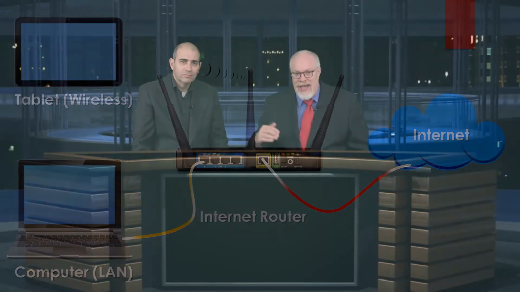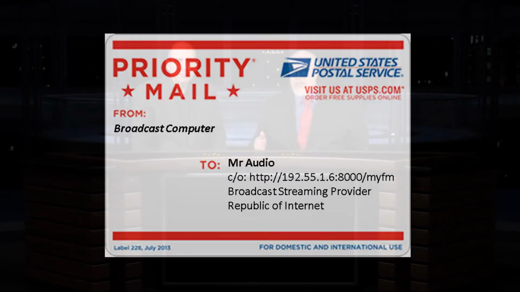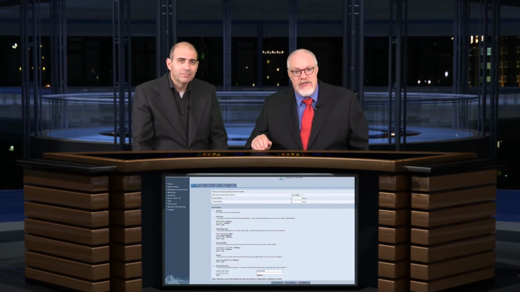Of course, at all times, the audio stream needs to have the highest priority for bandwidth. To do this, you can adjust a setting in your internet router called QoS. QoS? Quality of service. This is done by accessing the web interface of your internet router. Take note of the IP address and/or port that your broadcast stream is using.